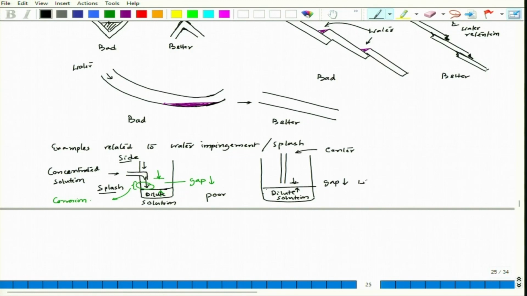So, little splash, and even if that splash is happening, because it is positioned in the center, we have minimum concentrated solution sticking to the surface, or the wall. Okay. So, we can avoid the problem related to this splash. So, this is better design.